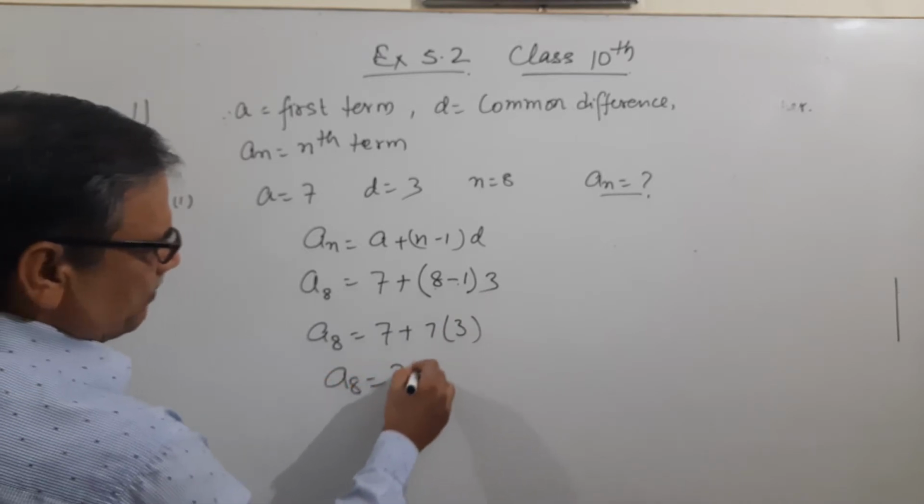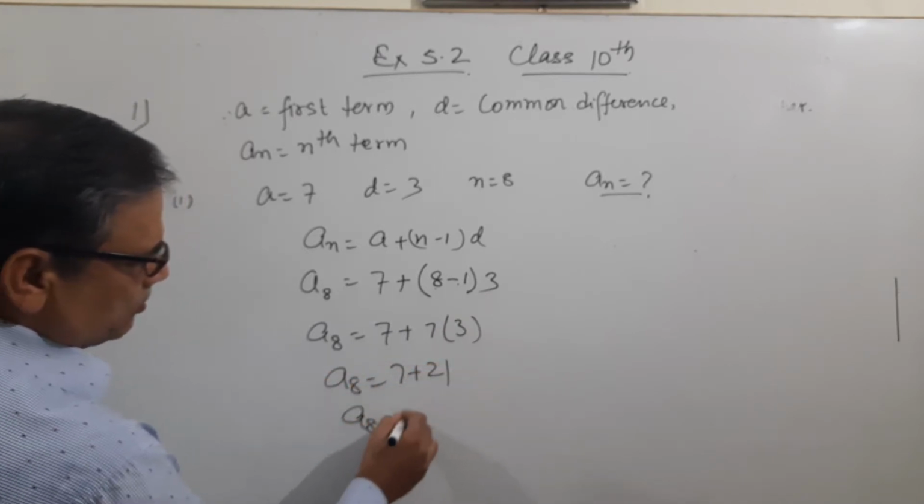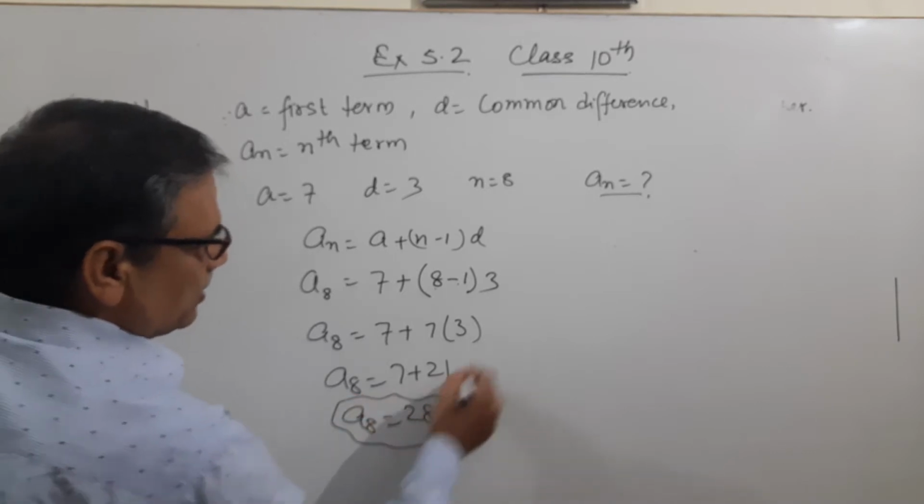A8 is equal to 7 plus 21. A8 is equal to 28. It is our An.